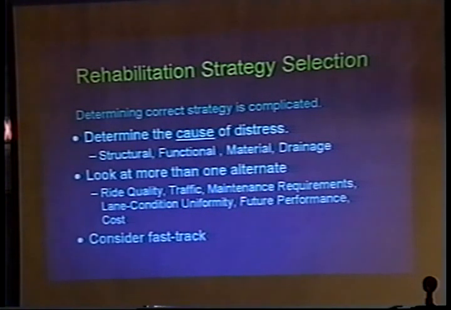Another thing to consider under fast track would be possible use of a maturity meter. The maturity meter is based off the heat of hydration gain in the concrete pavement, and that's correlated to a strength gain. So you wouldn't necessarily have to wait for your beams to be busted or your cylinders to be broken.